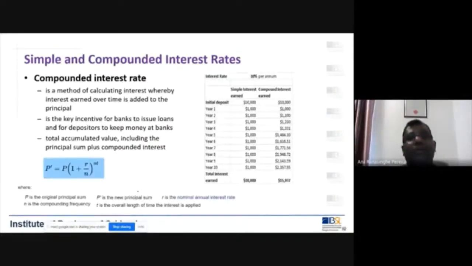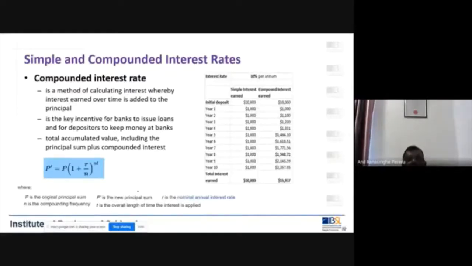Compounded interest rate is simply a method of calculating interest where interest earned over time is added to the principal. In this case, you are accumulating the interest over the period and adding that interest to the principal amount. Why is this compounding important?